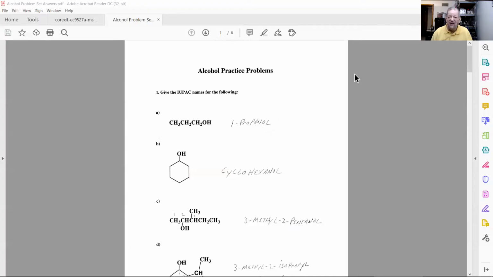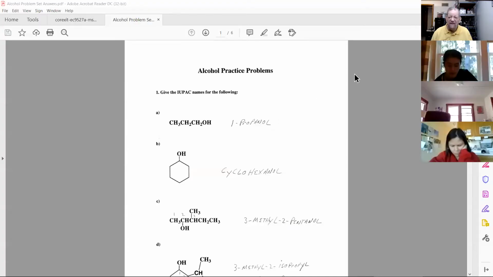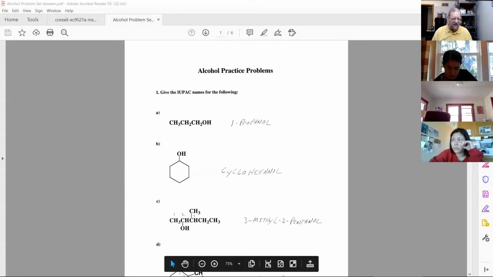All right, let's go through the alcohols problem set. And the first one is give the IUPAC name for the following. And how do you do that? You look for an OH group, or what you actually look for is what's different. This chapter and the next one, the one after, look for what's not carbon or hydrogen. Ooh, an oxygen with a hydrogen, a hydroxyl group on a carbon, that's an alcohol.